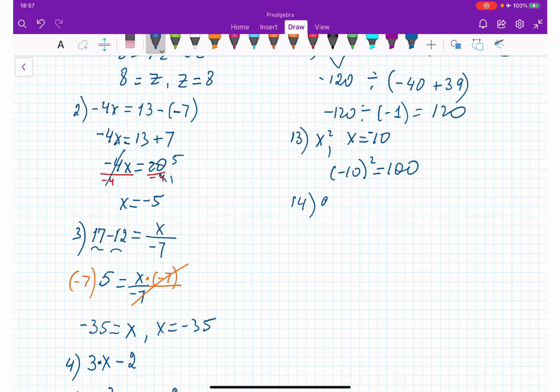Number 14. Evaluate AB. A is equal to -4. B is equal to -3. AB is equal to -4 times -3, which is 12.